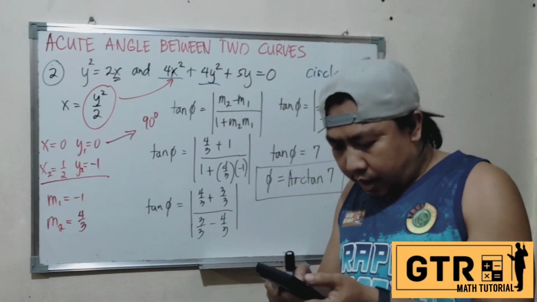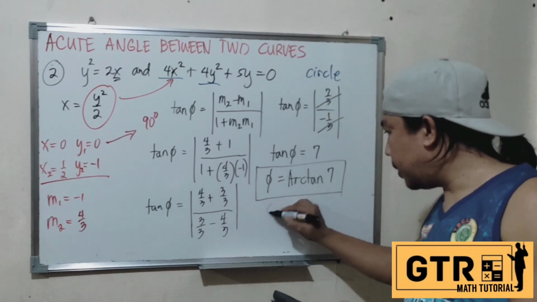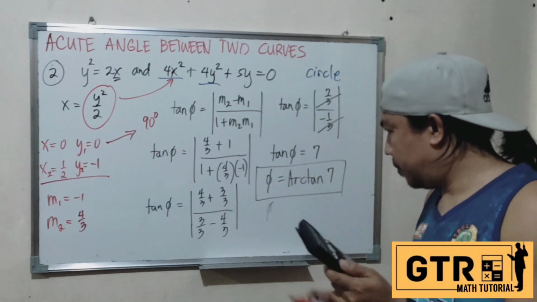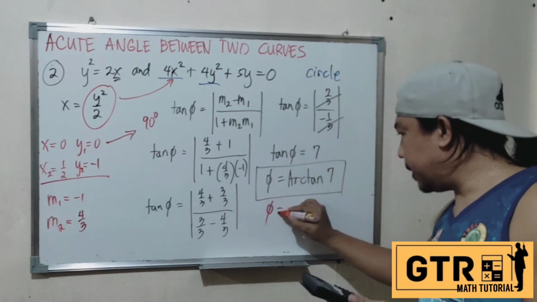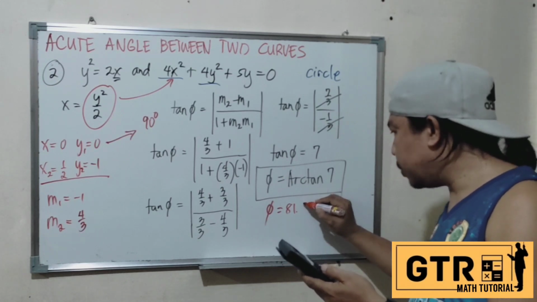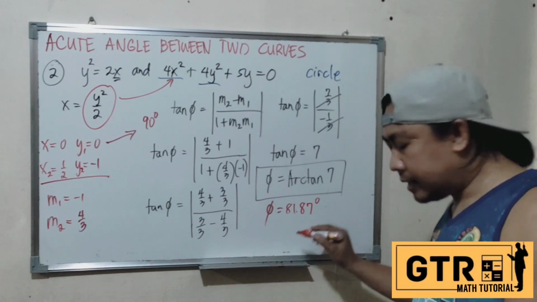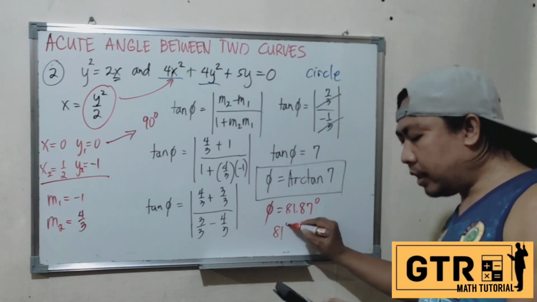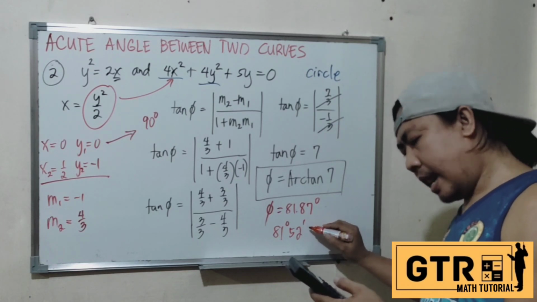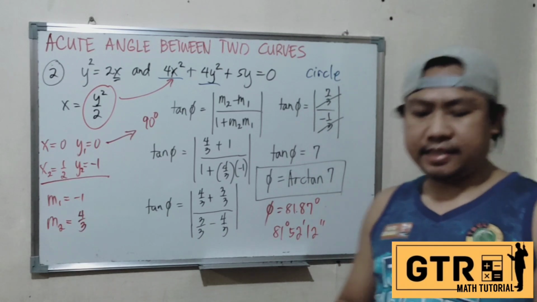So we have arctangent of 7, so phi is equal to 81.8698, so that is 81.87 degrees, or in degrees, minutes, seconds, we have 81 degrees 52 minutes 11, or rounded off, 12 seconds.